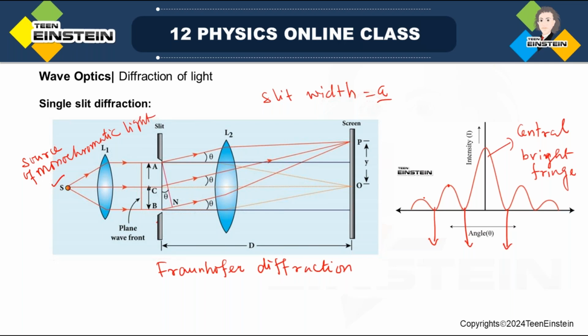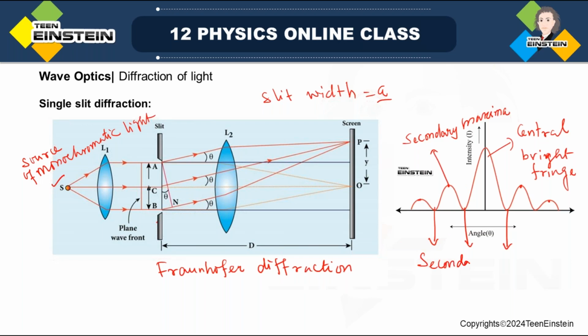And these are called secondary maxima. Similar to this, this is also a secondary maxima. On either side, you can see the secondary maxima, symmetrically situated. This is a secondary minima.